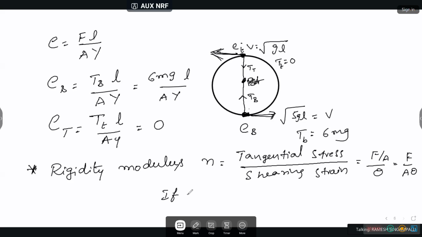If N is low for a wire, then it can be twisted very easily.